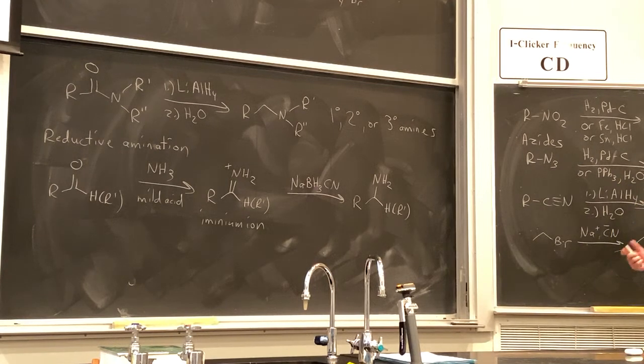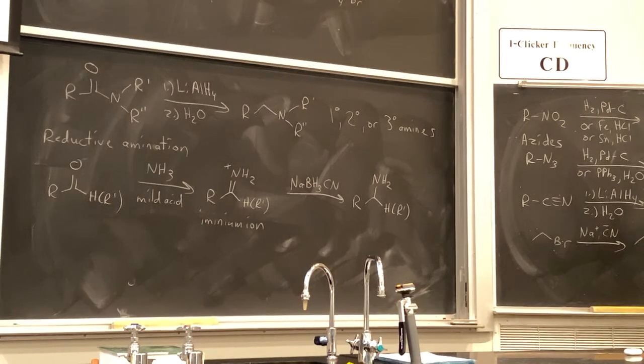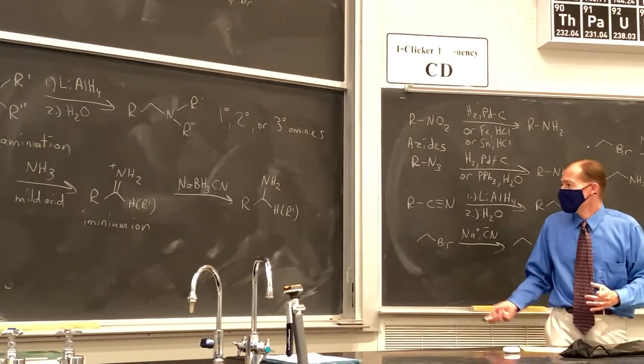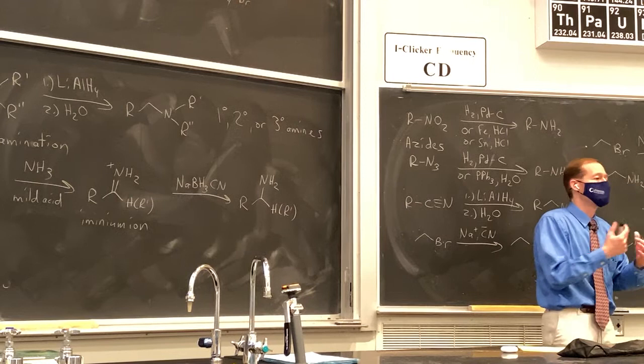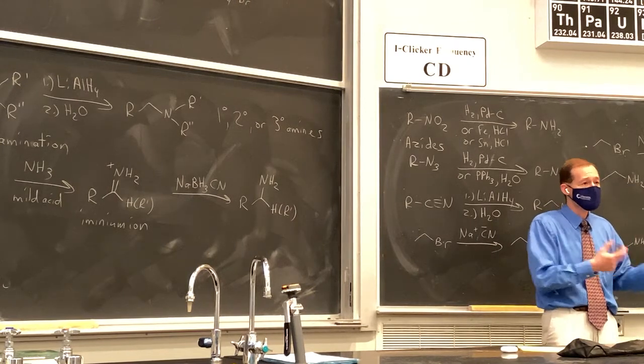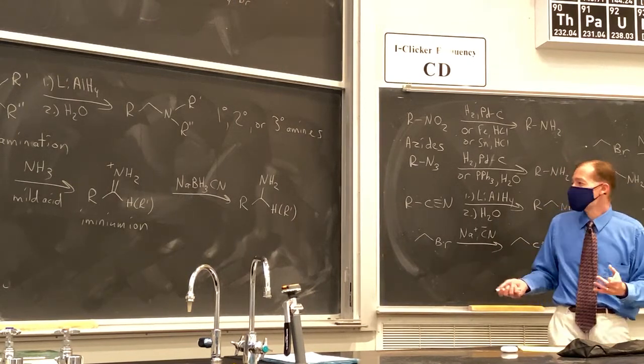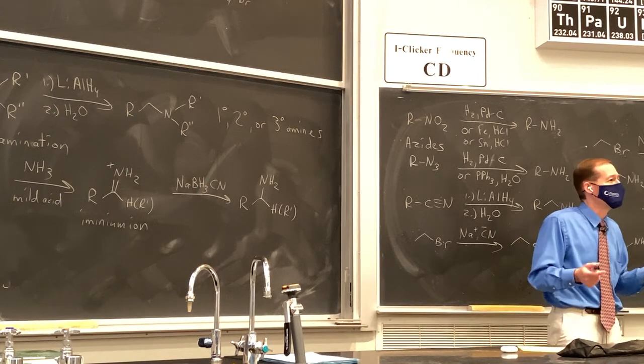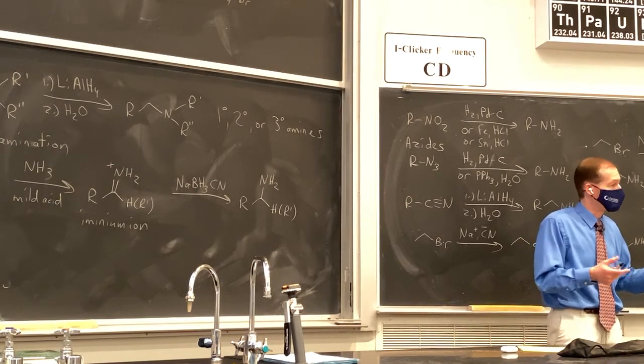This is less reactive than sodium borohydride. There's a negative charge on the cyanoborohydride ion. That negative charge is spread out across the hydrogens and the cyano group. Because the cyano group is a good electron withdrawing group, it takes most of that negative charge, leaving a smaller amount for the hydrogens than what we have in sodium borohydride.